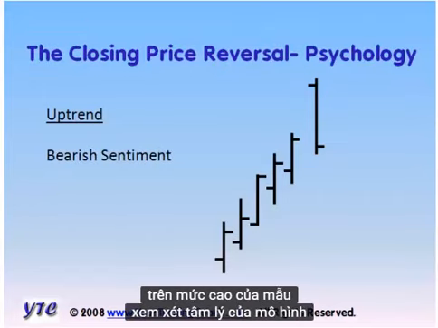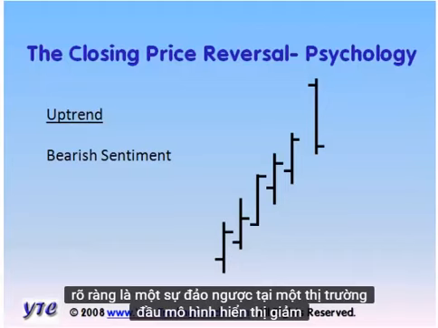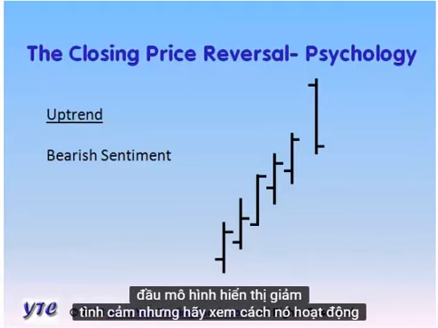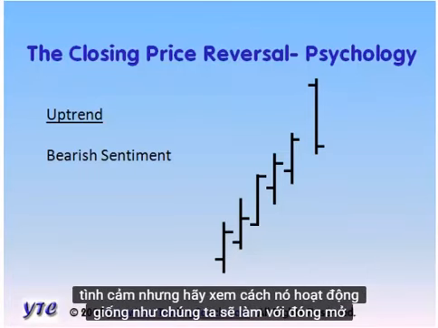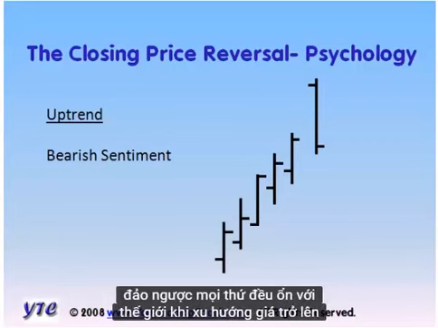Let's consider the psychology of the pattern. Obviously, being a reversal at a market top, the pattern displays bearish sentiment. But let's see how this works. Just as with the open close reversal, everything is fine with the world as price trends upwards.